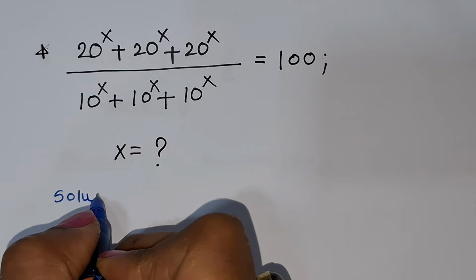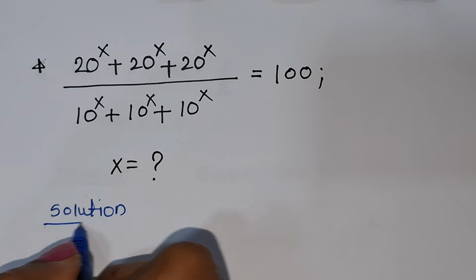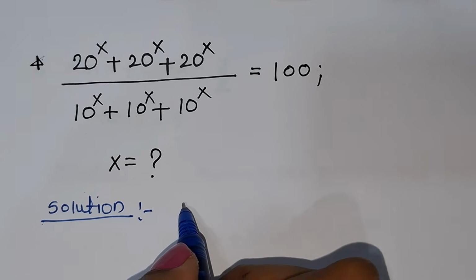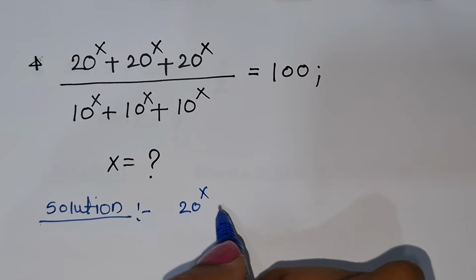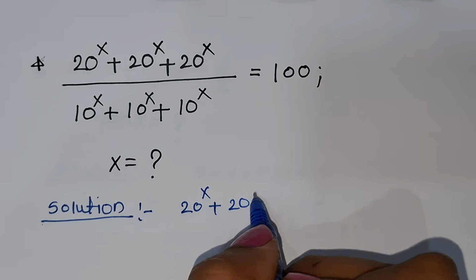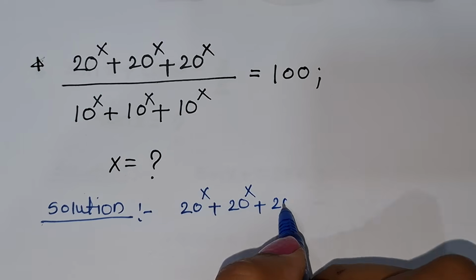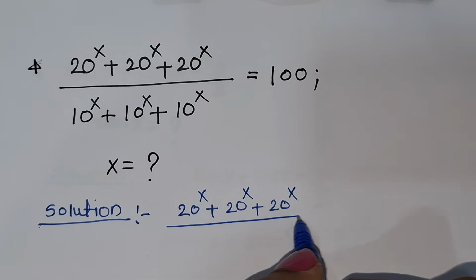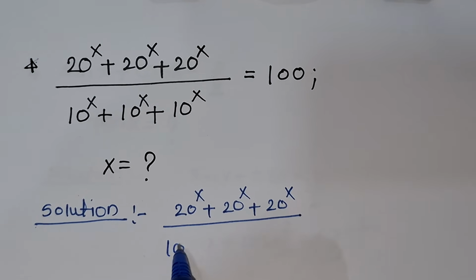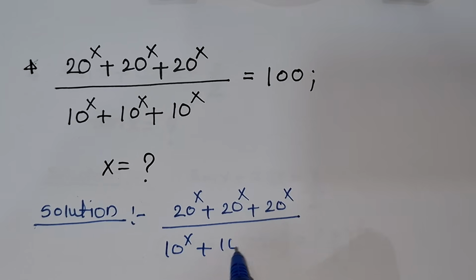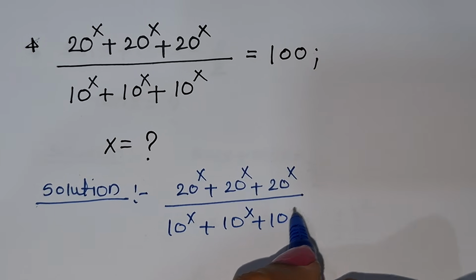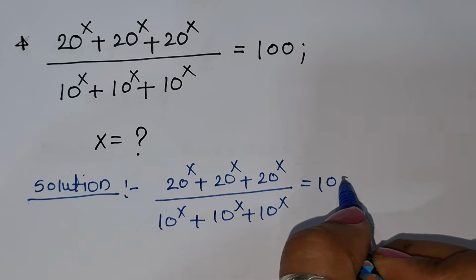Solution: (20^x + 20^x + 20^x) divided by (10^x + 10^x + 10^x) is equal to 100.